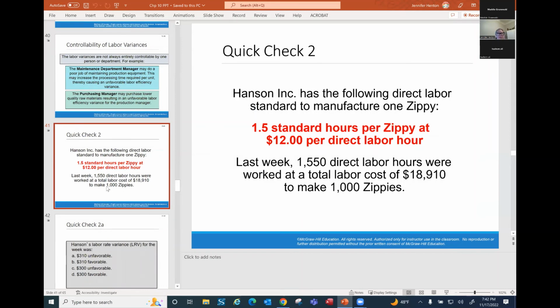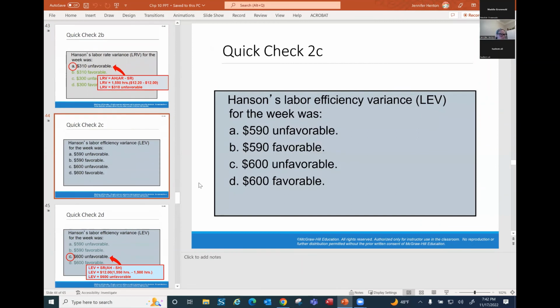We're making 1,000 zippies, so we take 1,000 and multiply it by the standard of 1.5 hours per zippy. So it's 1,500. The difference is 50 hours between the 1,550 and the 1,500. Then we multiply that by the $12 standard rate and we get $600.